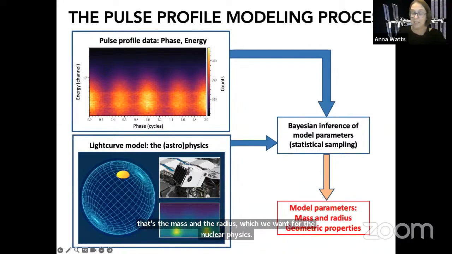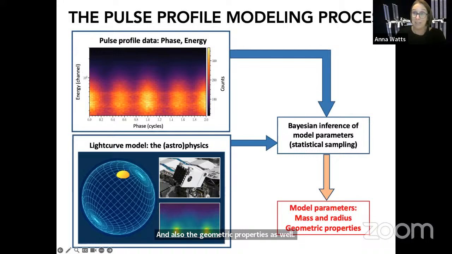As a side benefit of the analysis, we produce a surface map because we also infer the properties of these hot magnetic polar caps. And I think that's one of the coolest things that we do, in fact, maybe even a little bit more exciting than the mass and the radius. So I'm going to talk to you first of all about the surface maps.